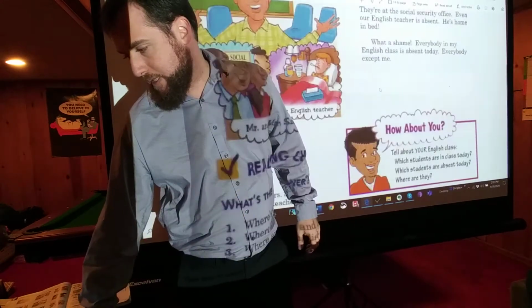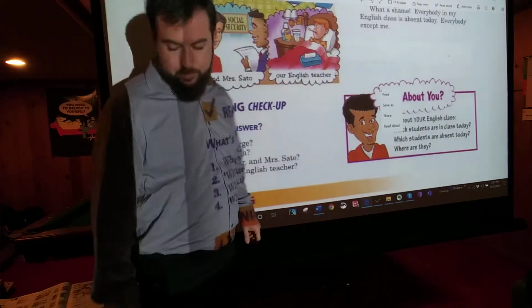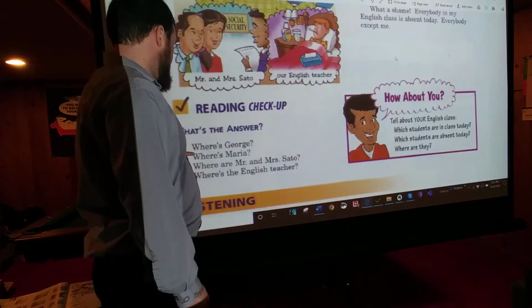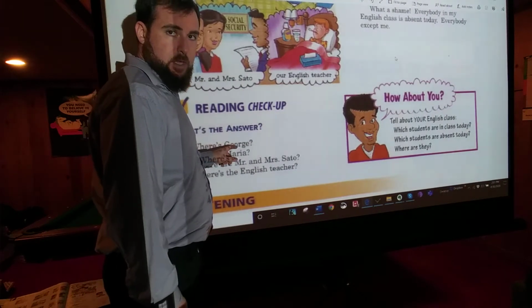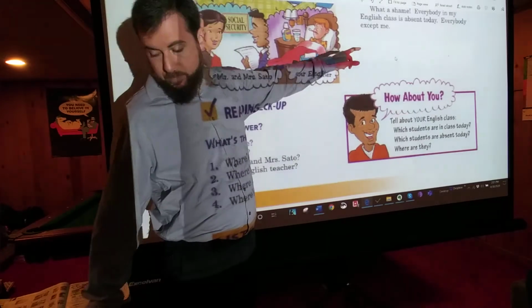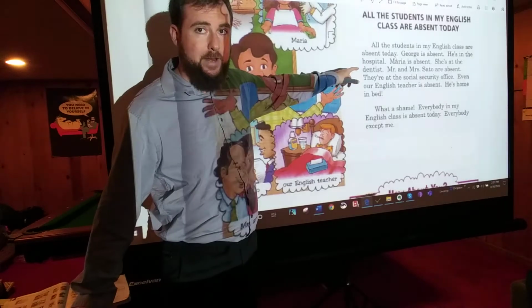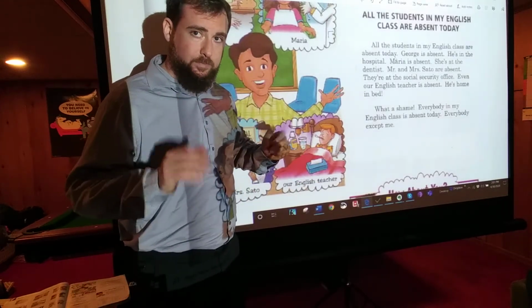So you're going to read that, and then down here we have some questions about what they read. For example, down here we have the question, where's George? You are going to know where George is because in here it's going to tell you where George was. So after you read that, you're going to write the answer on your separate sheet of paper.